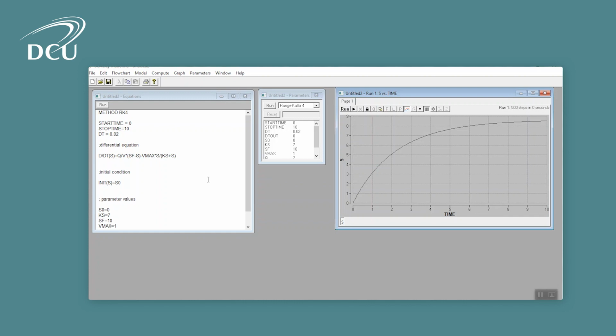Anyway, so what we have here is that the concentration of the substrate starts at 0 and then increases up. And let's just increase the stop time a bit there to 20. And we're going to run it again, and we can see that it reaches this value here.